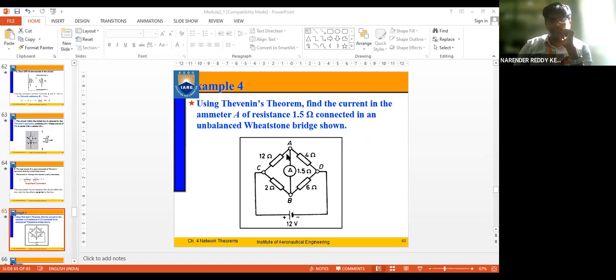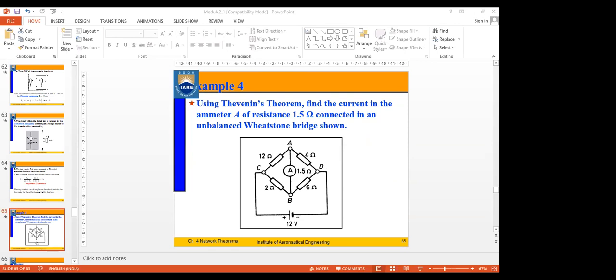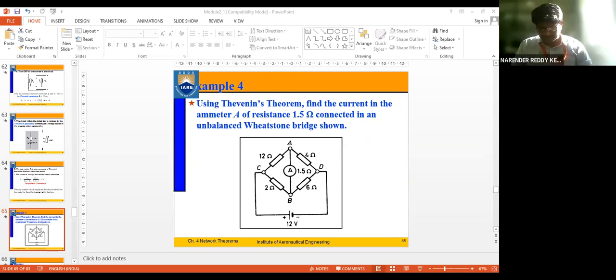Number 12, take the circuit, take a screenshot of it, and get me the values of VTH and RTH. Okay, sir. Post them in the group. Let me see. Am I clear? Yes, sir.